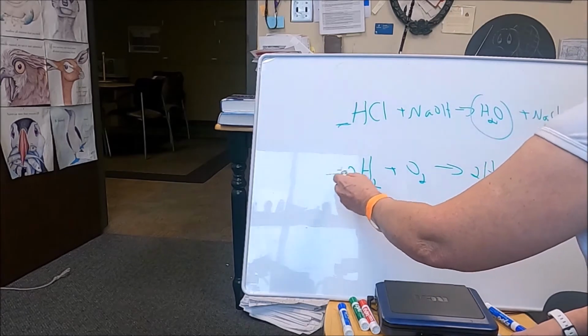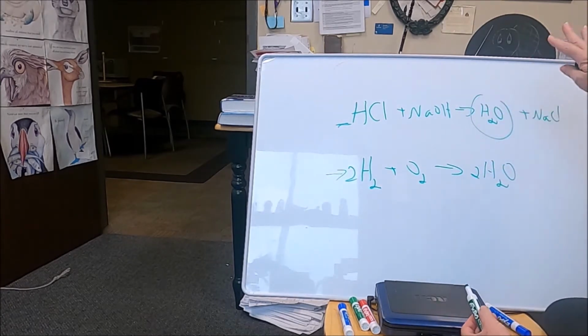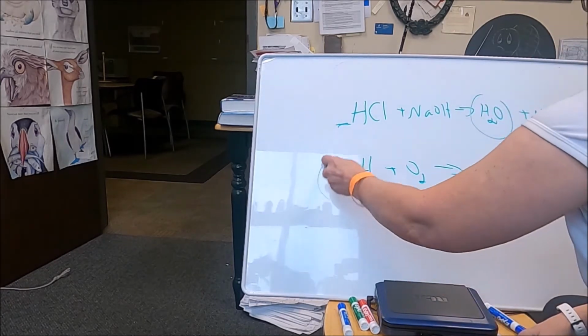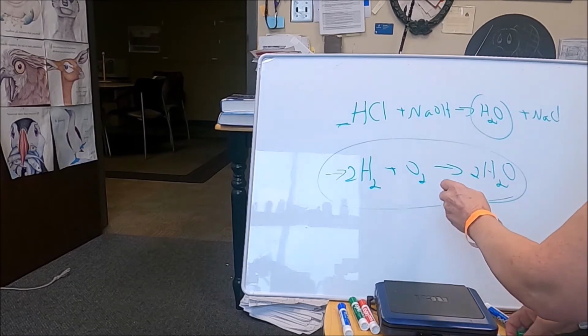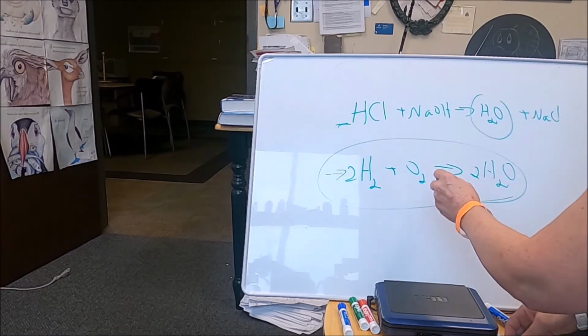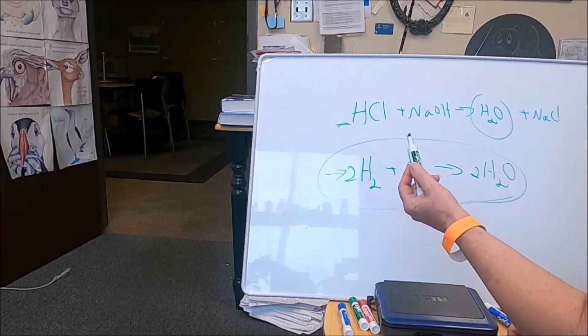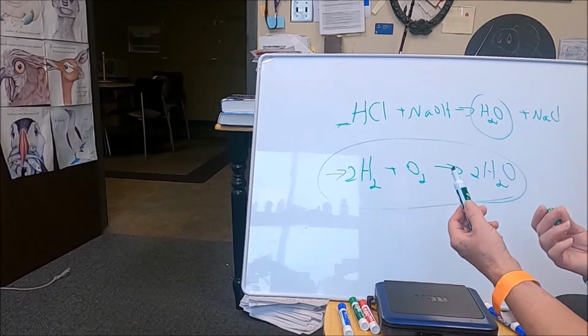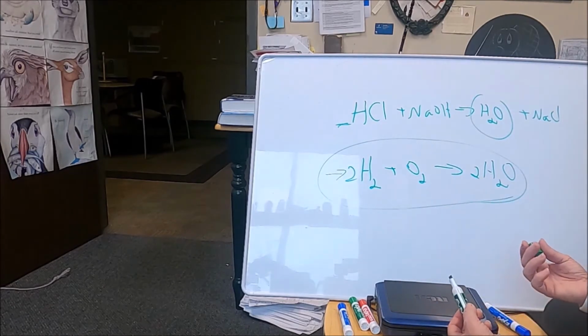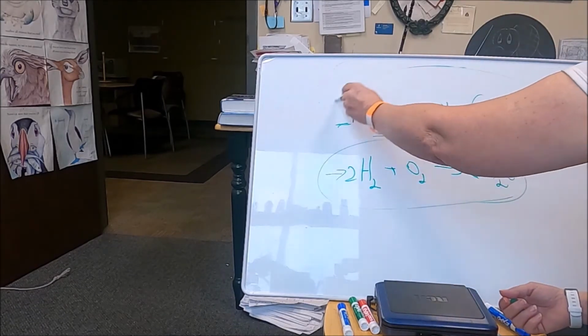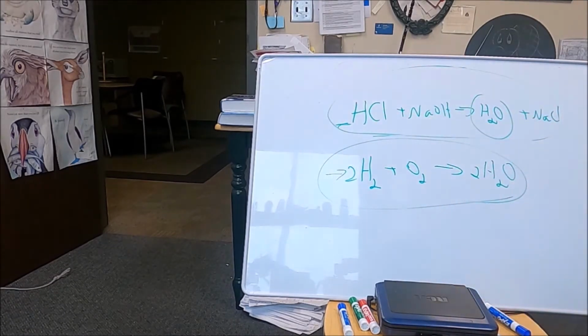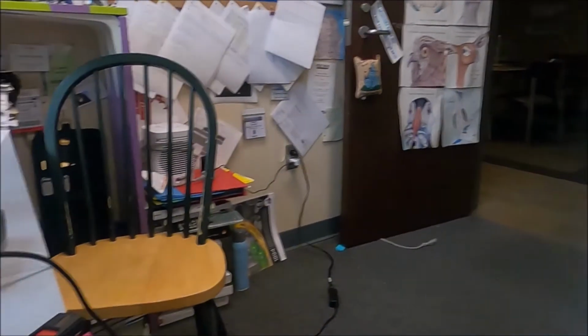The minute you bring them together, they initiate. The reaction of hydrogen and oxygen to make water is very hard to initiate, so it's very hard to get started. We have hydrogen and oxygen in the room with us right now, and I don't see little water droplets magically forming in the air. So different reactions have different rates based on the nature of the reactants.